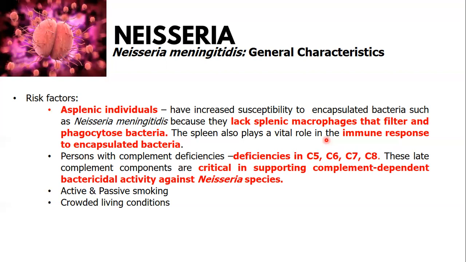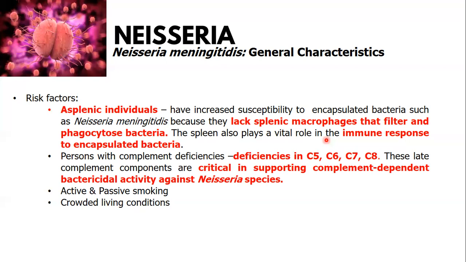And those individuals that are asplenic virtually have no splenic macrophages. Also, take note that the spleen plays a vital role in the immune response to encapsulated bacteria. And take note that Neisseria meningitidis is an encapsulated bacteria.